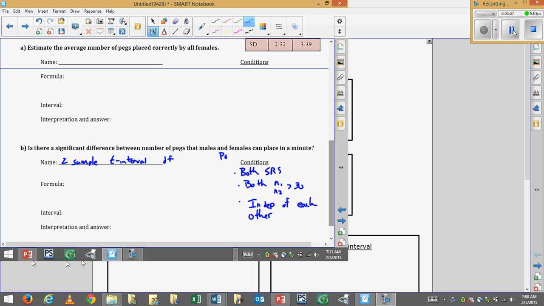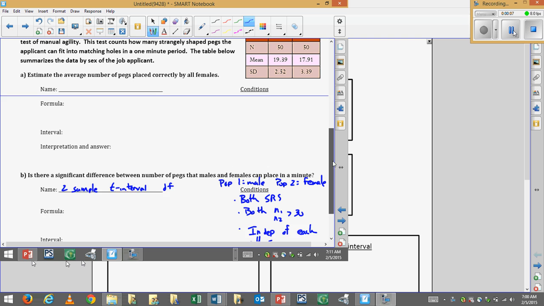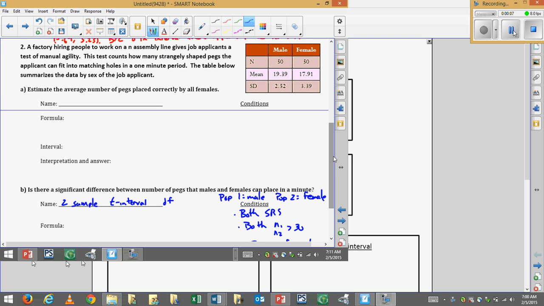We're going to call population 1 males. Population 2, just squeeze that in somewhere so somebody that's looking at your work can follow you. And so we'll put our statistics into the calculator. We have a 2 sample t interval. We have the statistics here.